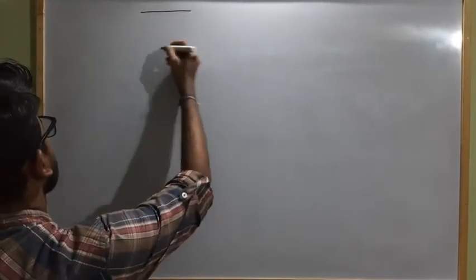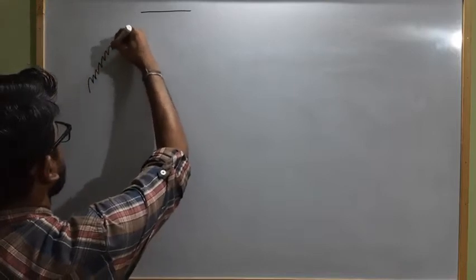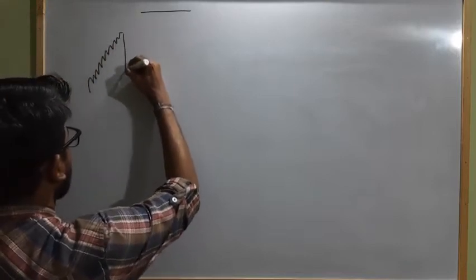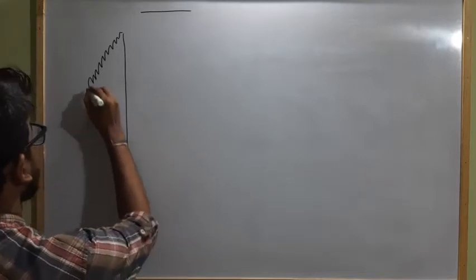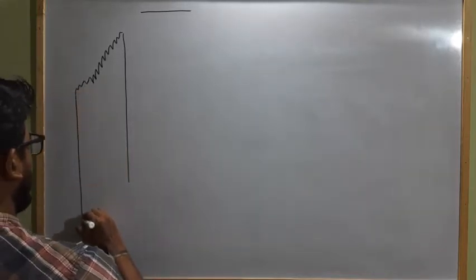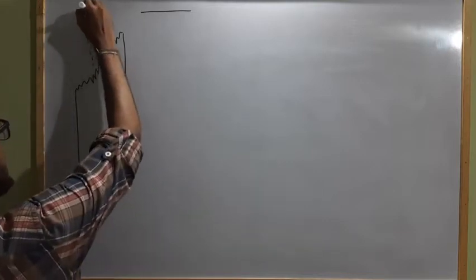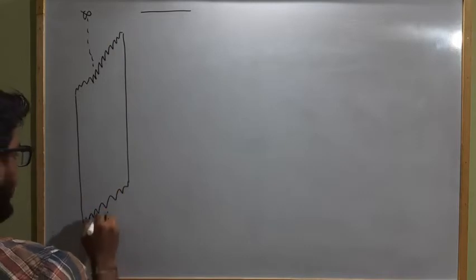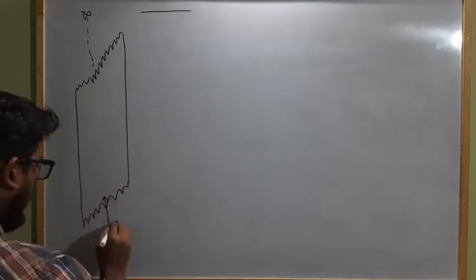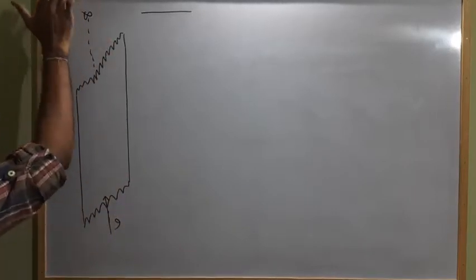In the last class I gave you a question that there is an infinite sheet like this. It spreads up to infinity, clear, and current I is flowing through this infinite sheet.